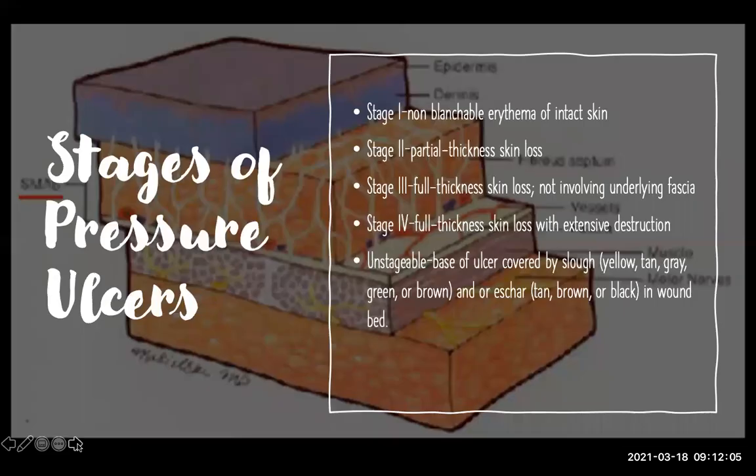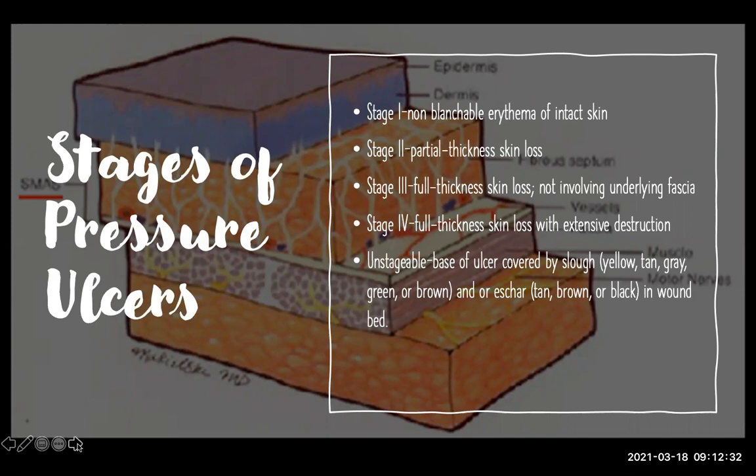Okay. So stage 1 is a non-blanchable erythema of intact skin. So that's the patient who had hyperemia somewhere, and you went and you pressed on it and it didn't blanch. There was no break in that skin. The skin's intact outside, but underneath it, it's breaking down. So that's a stage 1, non-blanchable erythema.